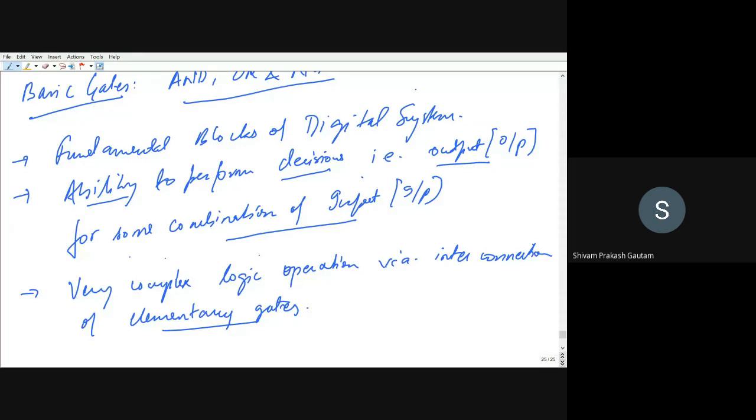Which can be used for complex or simple operations. So it can be used to do very complex logical operations via interconnection. That means more than one gate may be required, depending upon what actions we need to perform. Right now we are looking at the component level, not at the software level. The hardware part, this is what we are dealing with right now in this course.